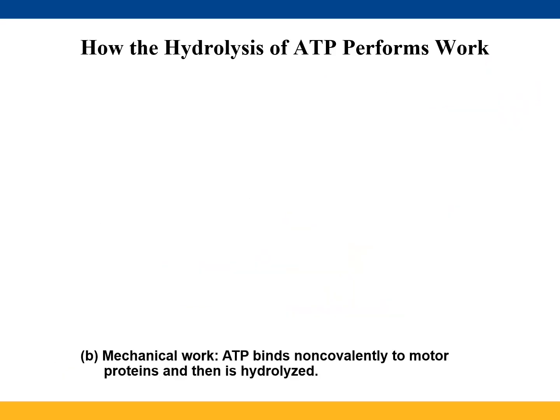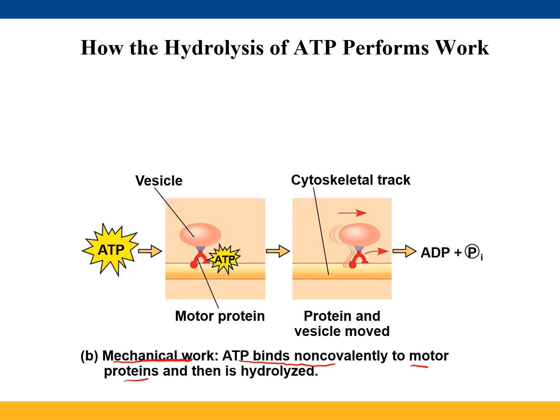Now I'm going to talk about the mechanical work. And to talk about the mechanical work, I'm going to show you how the ATP binds non-covalently to a motor protein. And here you have these proteins. These look like 2 legs, and they are actually moving, giving one step and another step, and they are carrying a vesicle.